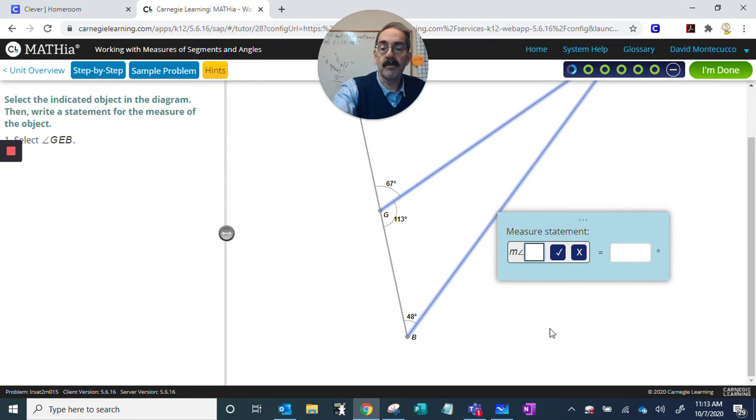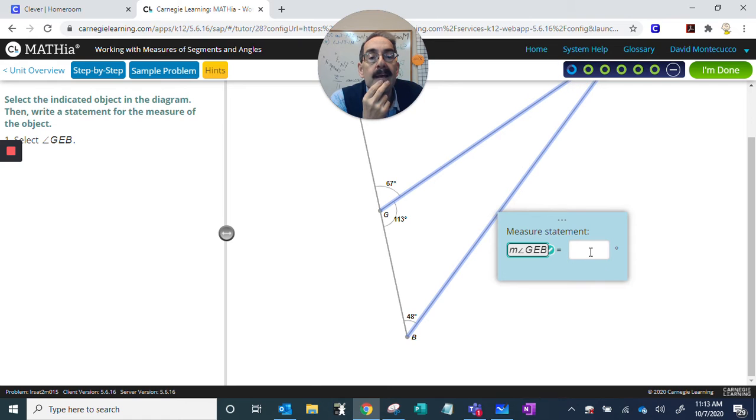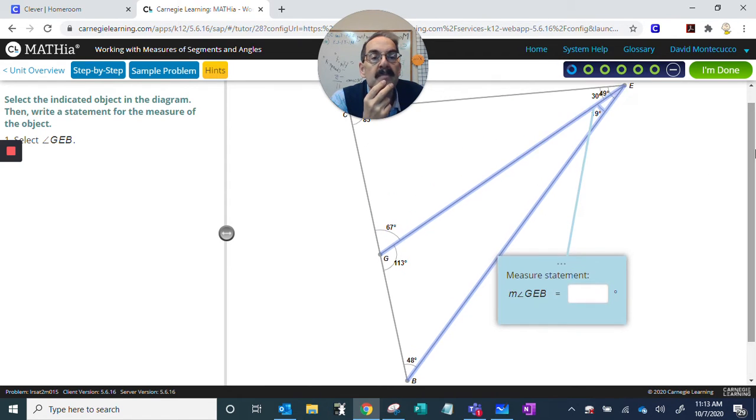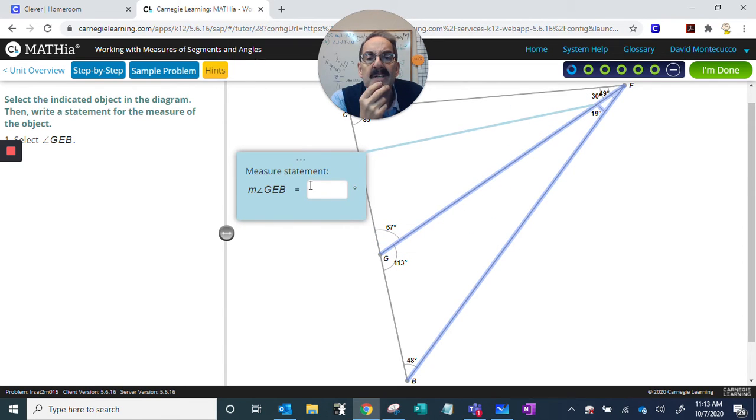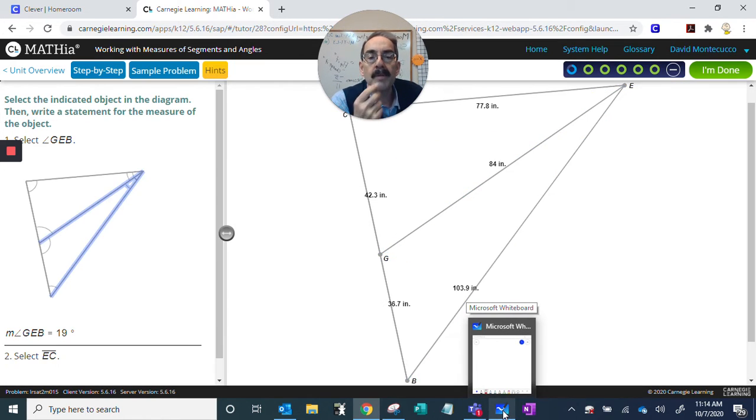Now remember, always hit caps lock, and we can go GEB or BEG. Okay, boom. And then the actual measurement. 19 degrees. Okay, 19, enter. Done deal.